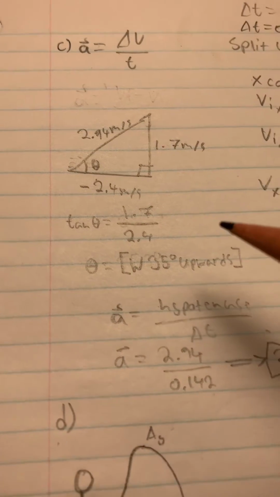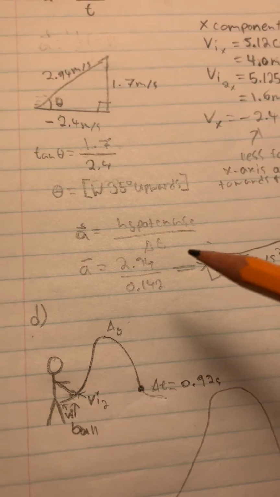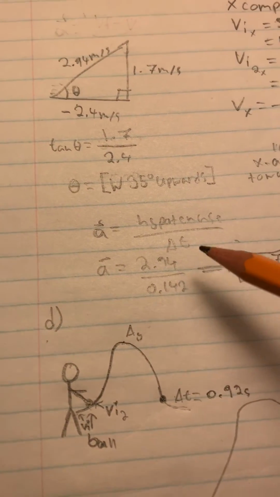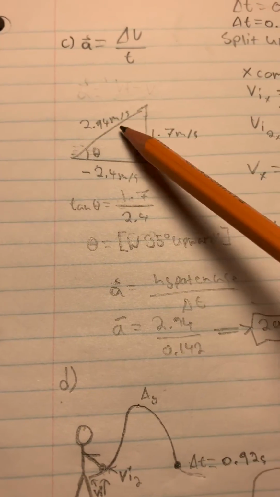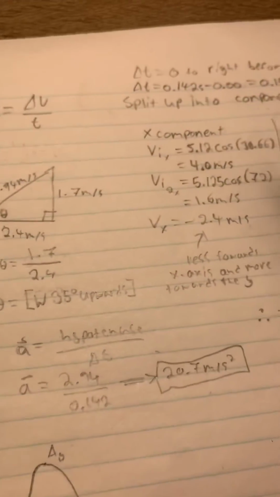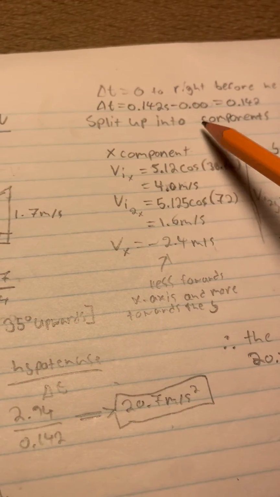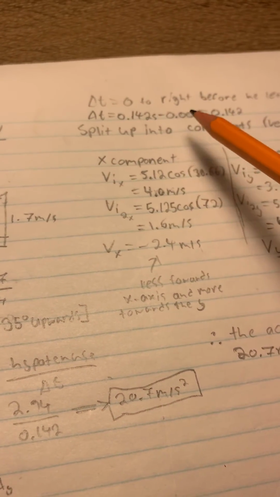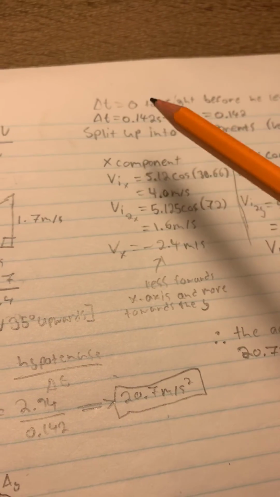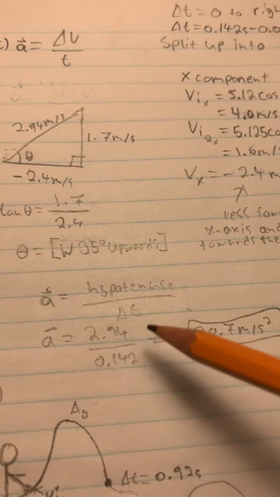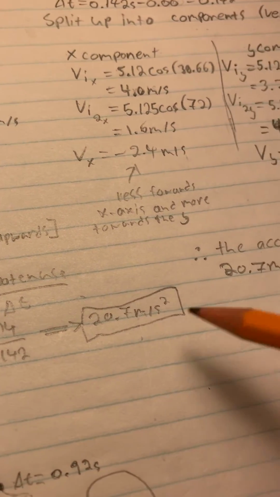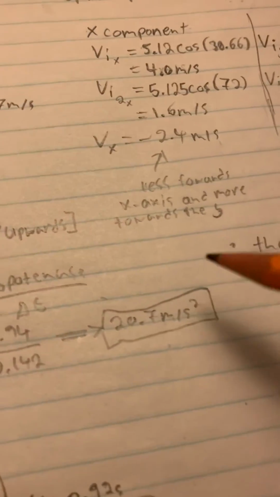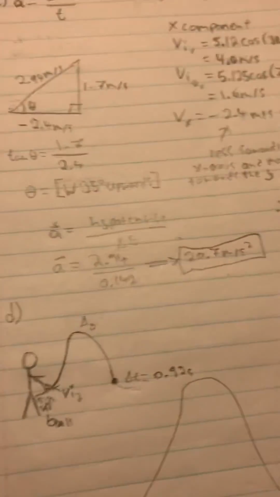So after that, I did exactly what I did before, and just used the change in velocity, the hypotenuse, over the time, which was also relatively easy to find because it's simply 0 up to right before he lets go of the ball. Then I simply divided those two, and I got 20.7 meters per second squared, which is quite a realistic answer, and I moved on to the next part.